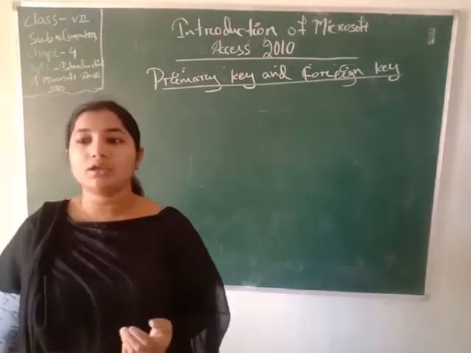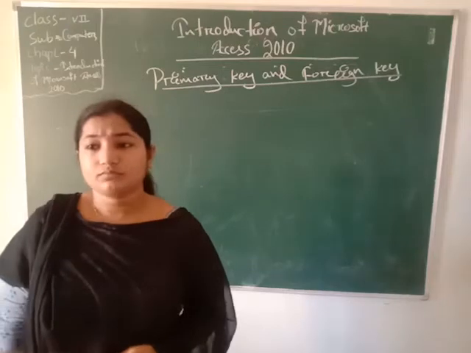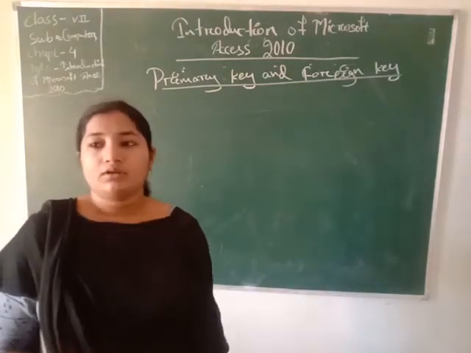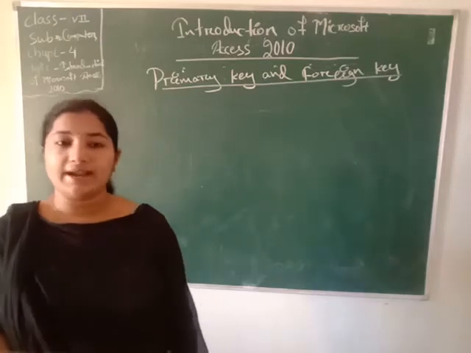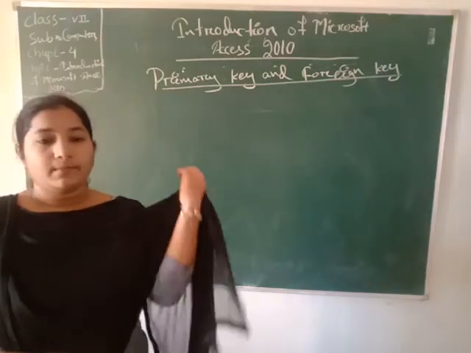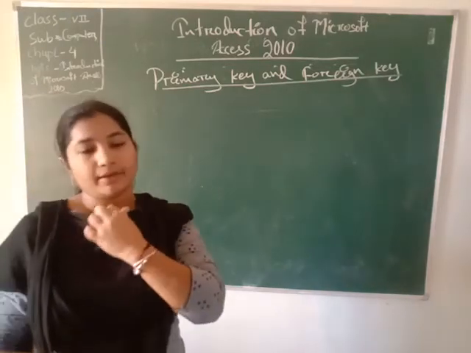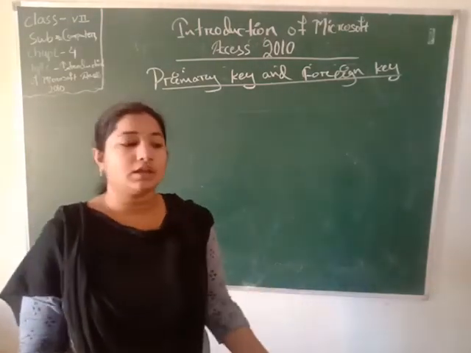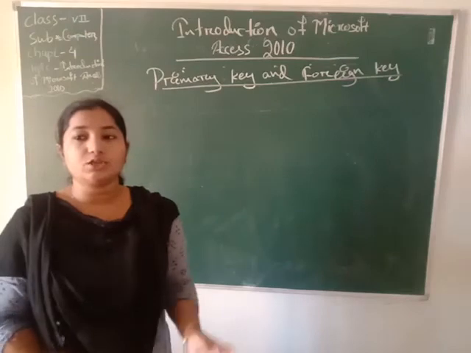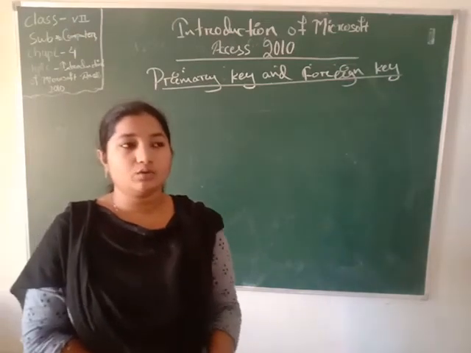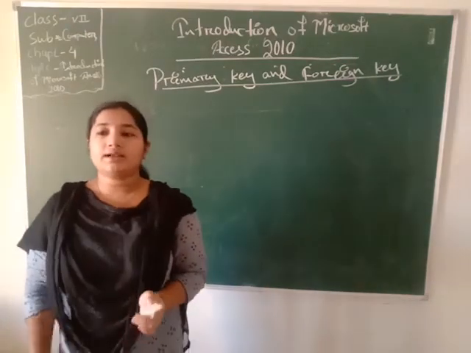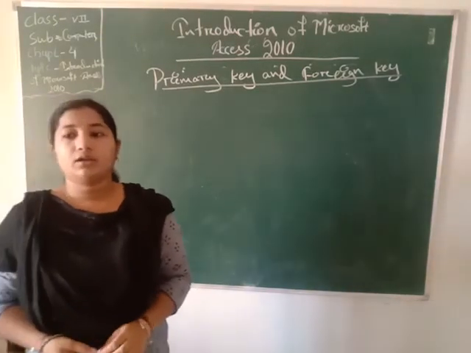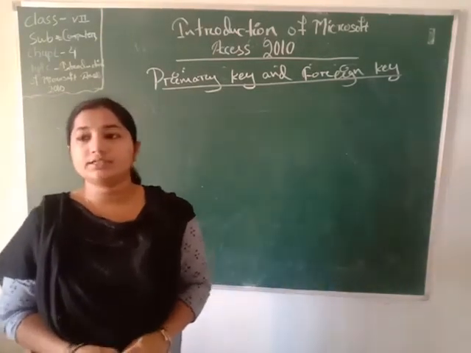Like in our school, you have roll numbers. Your roll number doesn't match another student's roll number, so that is the unique key. What is unique in that table is called the primary key. In the other tables, it is called foreign key.